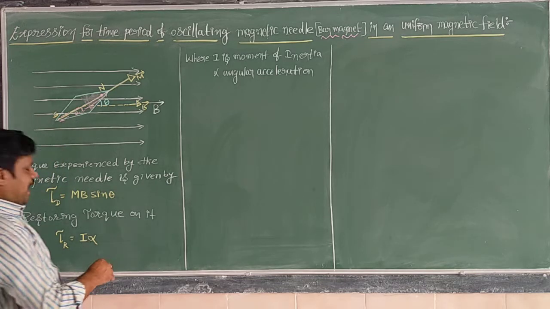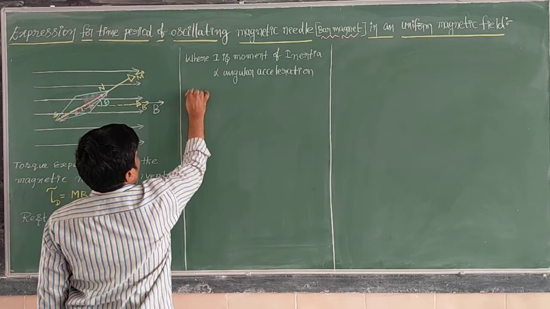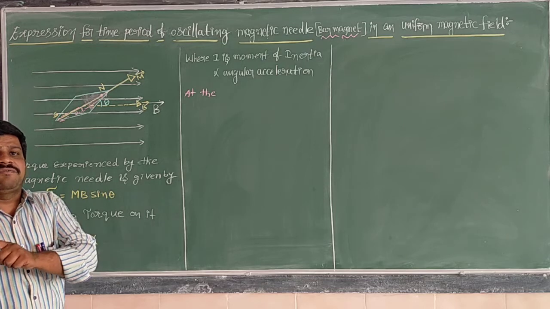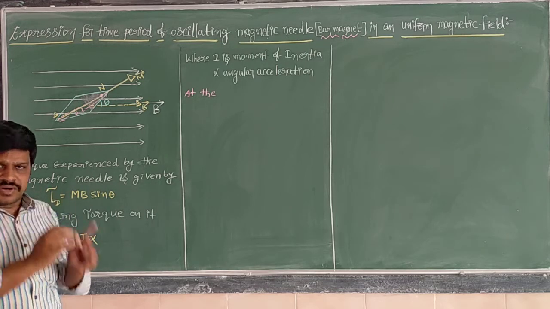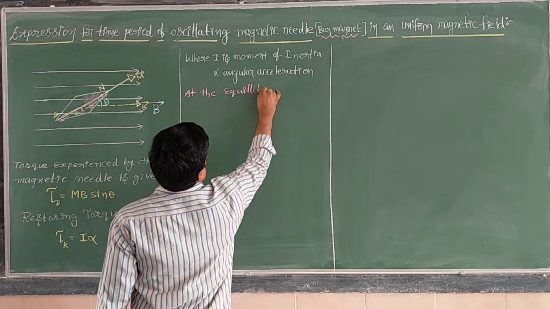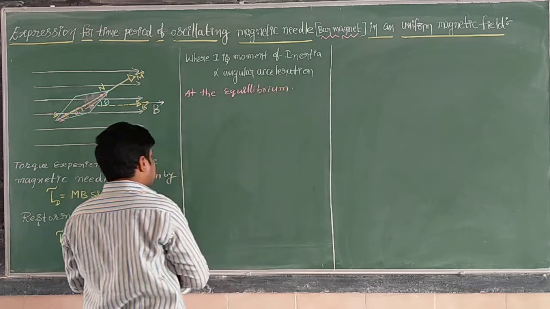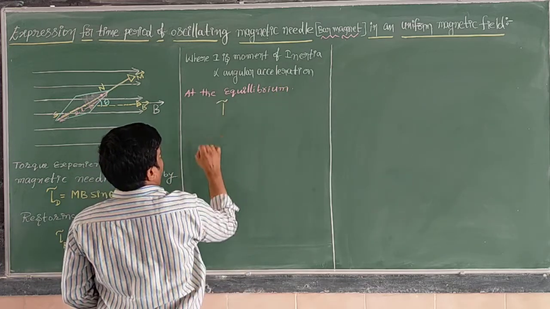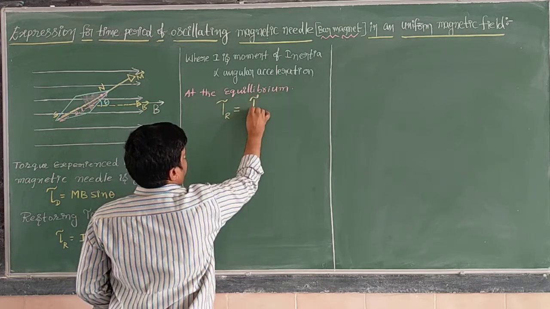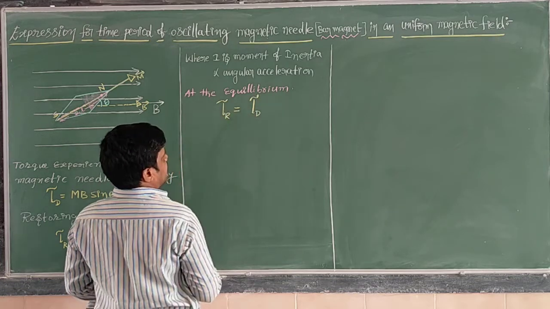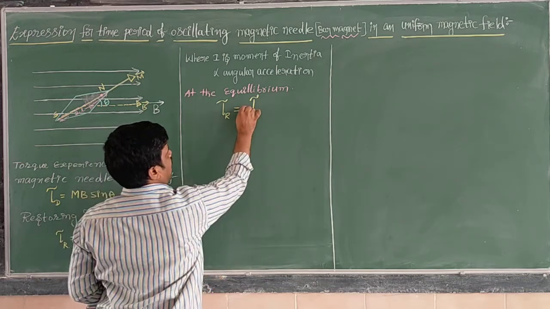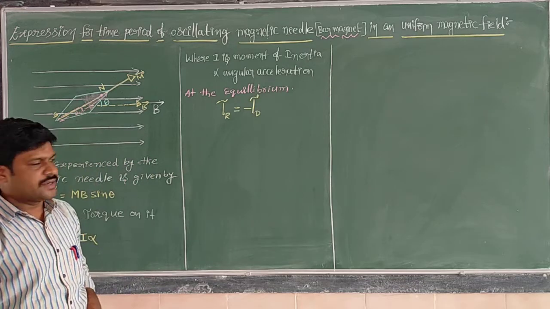Now at the equilibrium position, where the deflecting torque is equivalent to the restoring torque. The restoring torque is equivalent to the deflecting torque, tau. Actually, these two are equal in magnitude, opposite in direction.